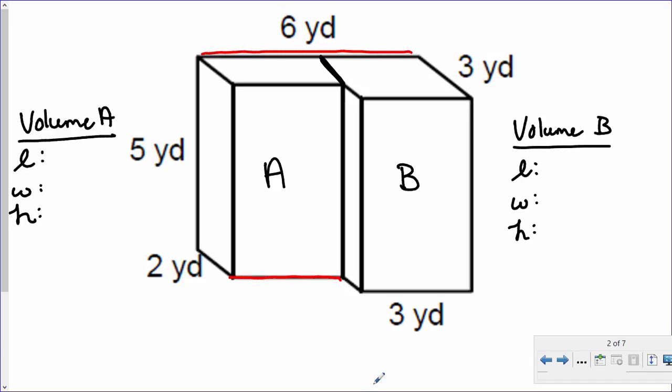Down here below B, we see that the length is 3. So if B is 3 yards, the whole thing is 6 yards. 6 minus 3 would tell me that the length of A is also going to be 3 yards.